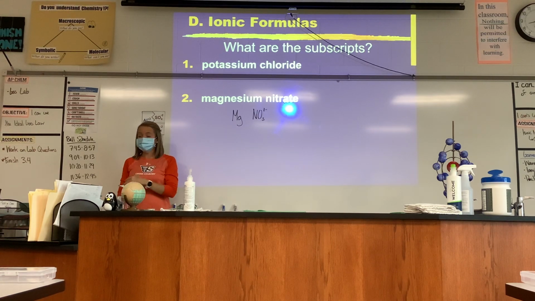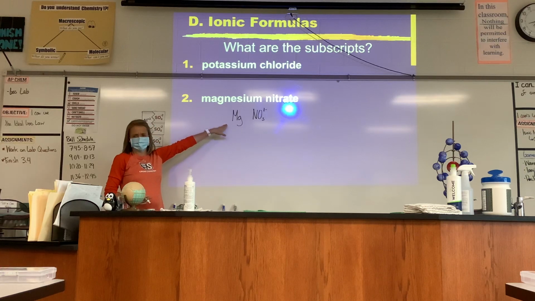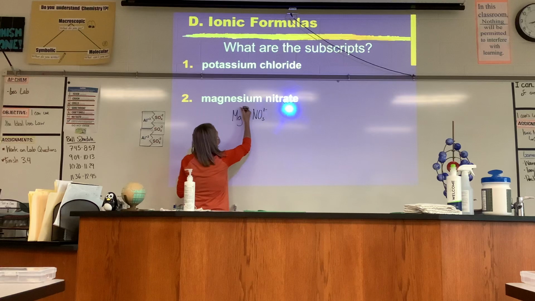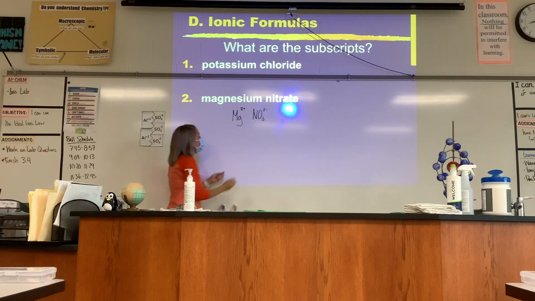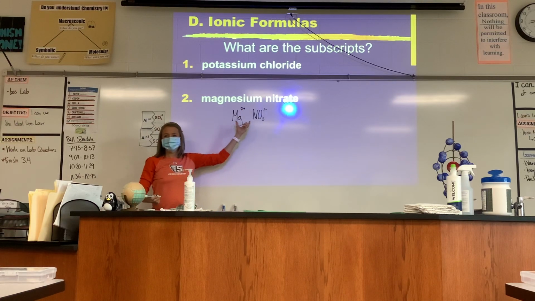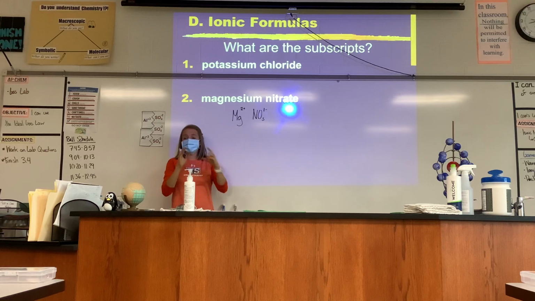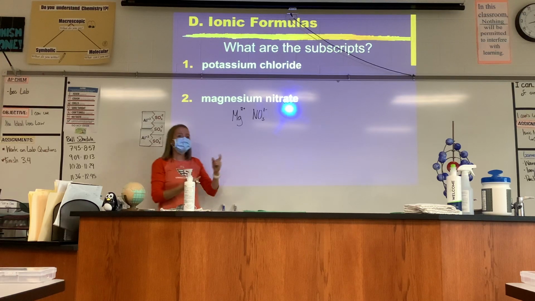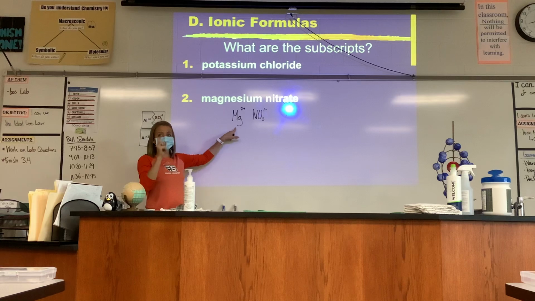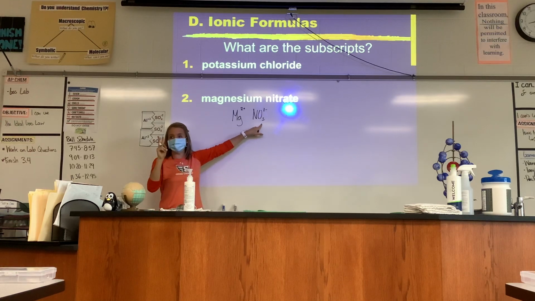Okay, to balance out the charges, we have to know magnesium's charge, so find that on the periodic table. +2. Okay, so this has a +2, this has a -1. The charges have to equal 0, so how many of each do you need to make it balanced? Good, so we need 1 magnesium and 2 nitrates.